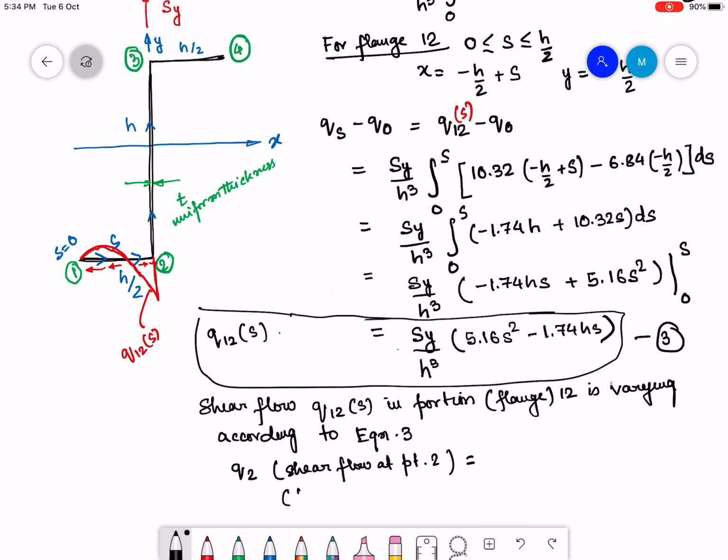By substituting s equals h by 2 in equation 3, I will get that q2 is going to be 0.42 sy by h.